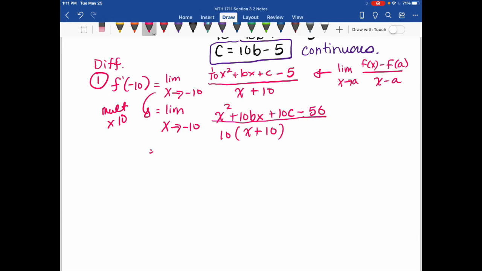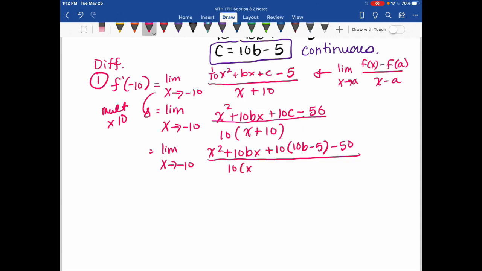Now, I'm going to do a substitution to try to eliminate multiple variables. We know that c, from up at the top, c is equal to 10b minus 5. So I'm going to have the limit as x approaches negative 10 of x squared plus 10bx plus 10 times, and then I'm going to replace c with 10b minus 5.